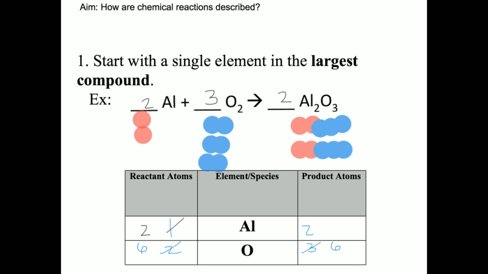Now I have a total of 4 aluminum atoms. See the 4 red elements? So that means I'm going to have to go back and adjust the coefficient for aluminum. To adjust the coefficient for aluminum, I'm going to change the 2 to a 4.